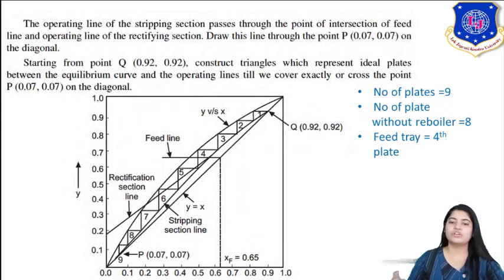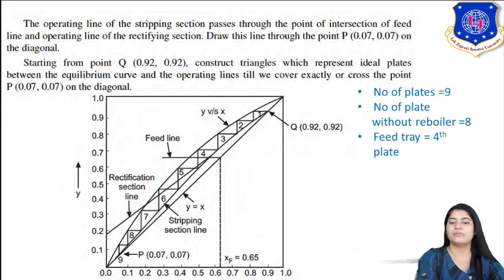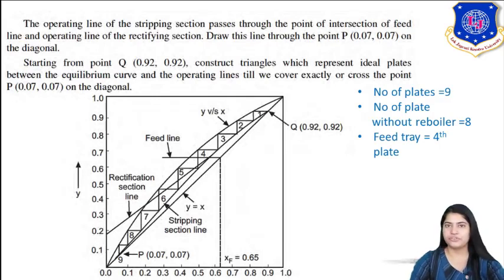Draw this line through the point 0.07, 0.07. Again, xW here is the residue composition, 0.07. From there draw the operating line of the stripping section, and from Q draw the operating line of your enriching section.